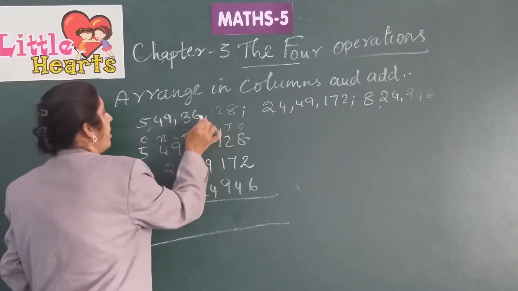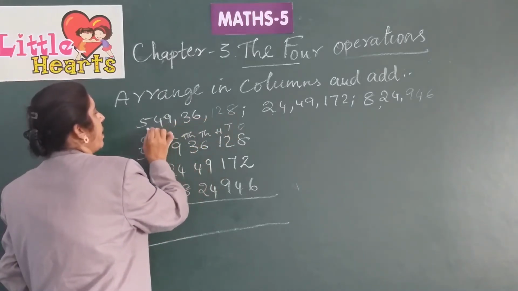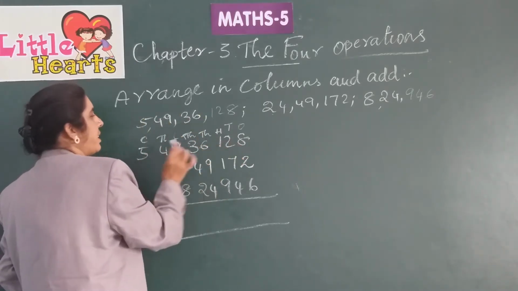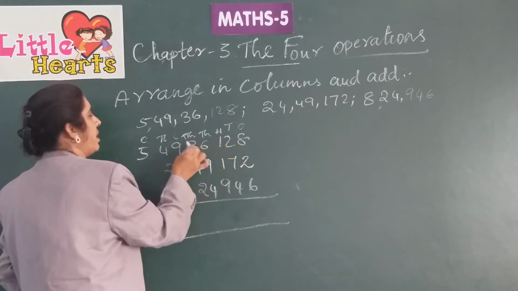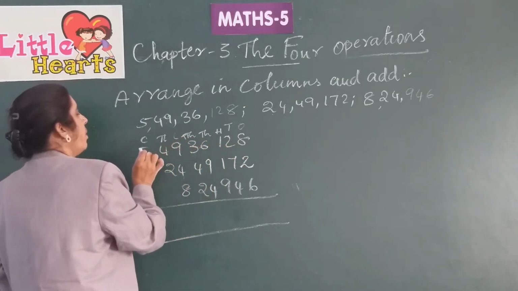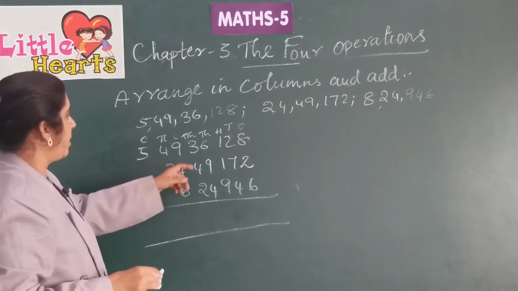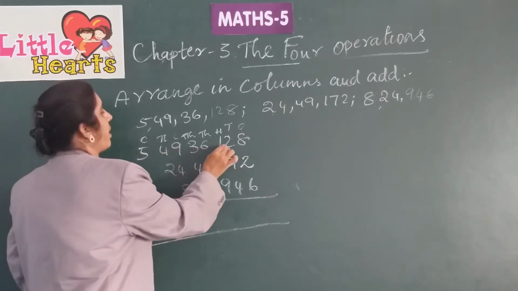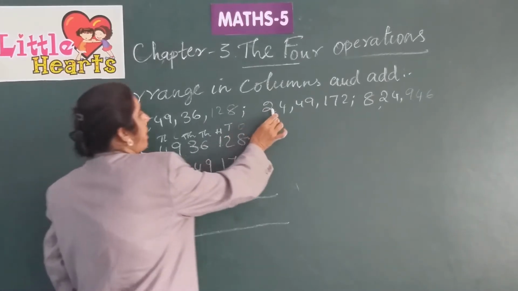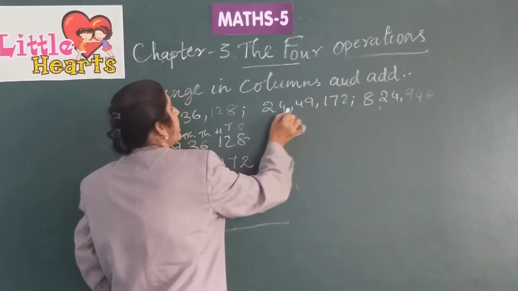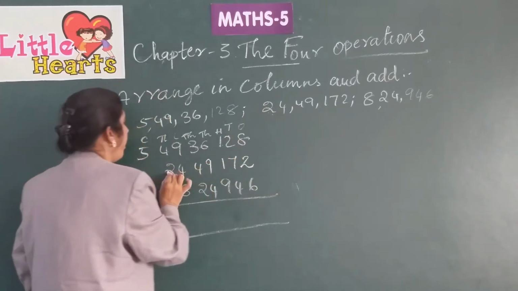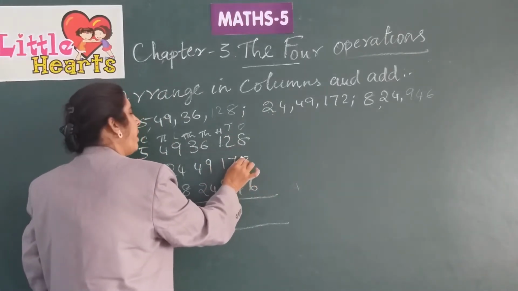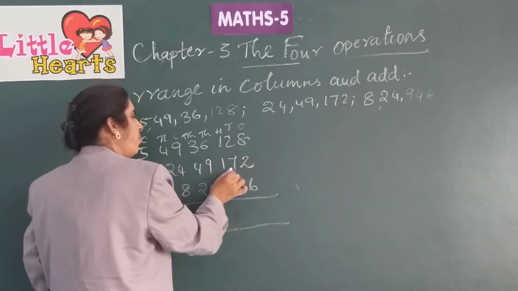We have 8 digits here, so write the place values like this: ones, tens, hundreds, thousands, 10,000s, lakhs, 10 lakhs, crores. So we have arranged this: 5 crores 49 lakhs 36,128. Next one, we have only 7 digits here, so 24 lakhs 49,172. Or else you can arrange the number from one's place to the left.